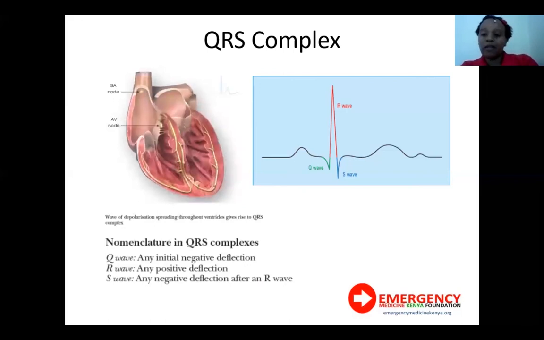The normal is 2.5 small boxes. So when you look at your strip, you'd want to count: is it narrow, is it wide, or is it normal? Your normal is usually approximately 2.5 small boxes when you count.